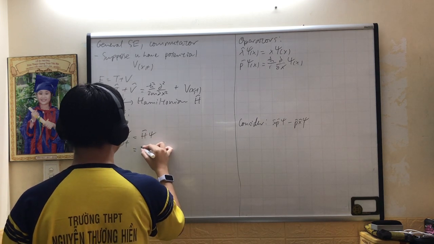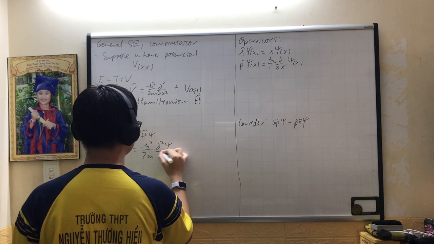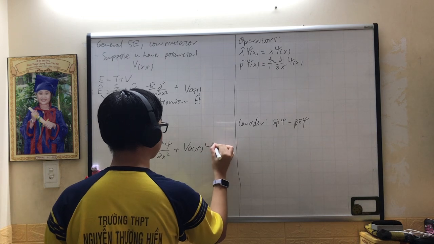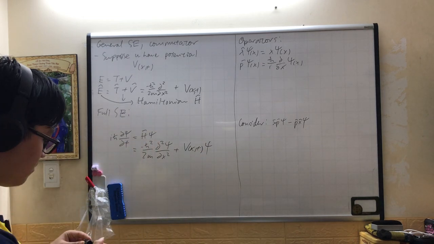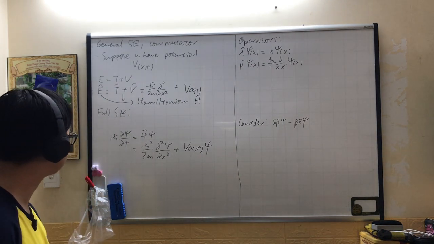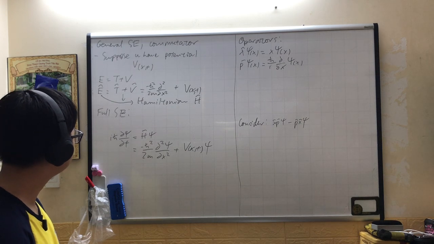H psi, as you know, would be minus h bar squared over 2m d squared dx squared plus V of x and t, times psi. Alright, that is the full Schrodinger equation. Pretty nice.